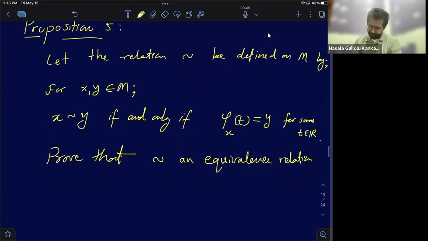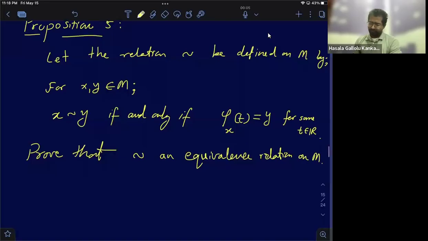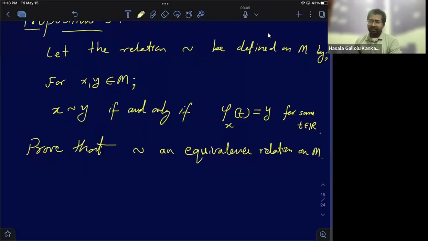When you talk about an equivalence relation, of course, we know we need to start with a relation from one set to itself, right? So an equivalence relation on M. If it is an equivalence relation, there will be an interesting scenario.